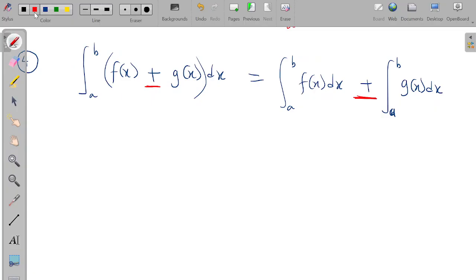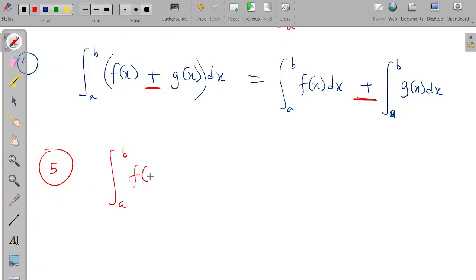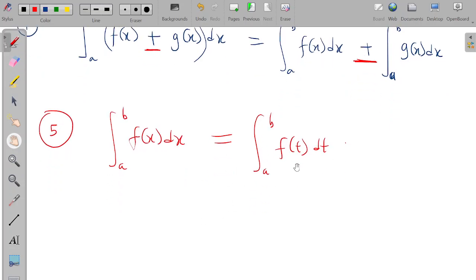All right. Number 5. The integration from A to B of f of x dx is the same thing as the integration from A to B of f of t dt. That means the variable of integration is just a dummy variable. Whatever you integrate in t is also the same thing when you integrate it in x.